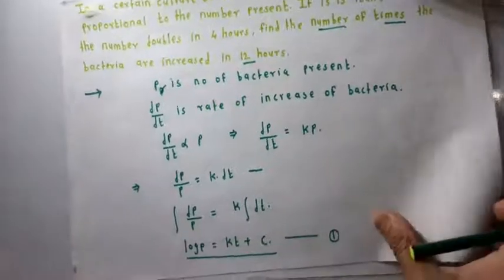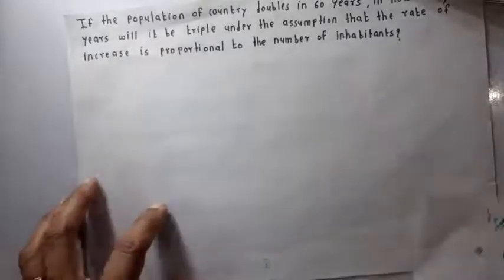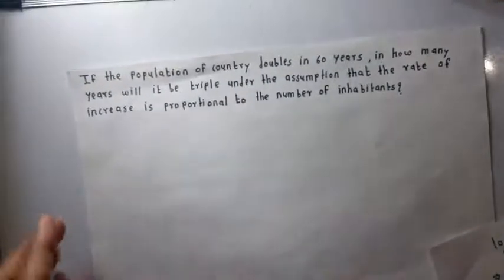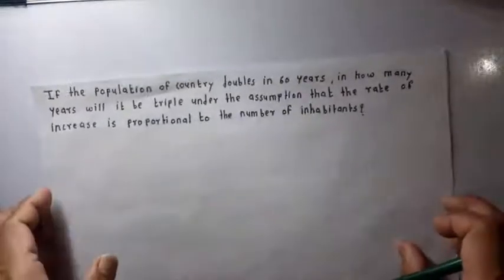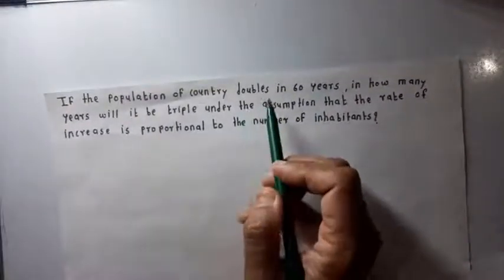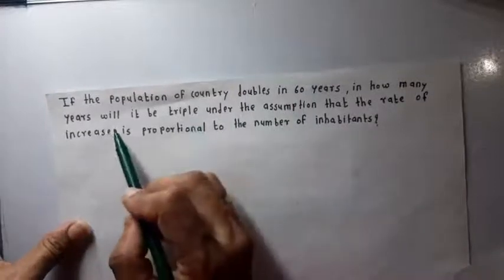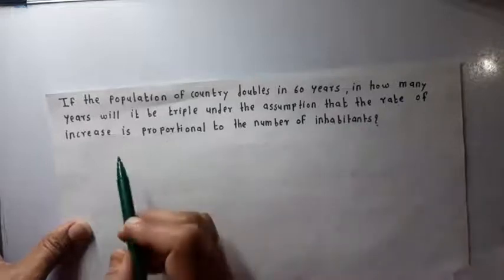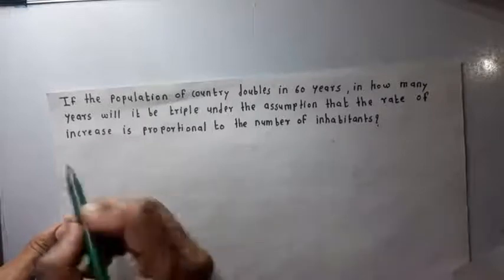Okay, the next problem, the second problem, is that if the population of a country doubles in 60 years, in how many years will it triple under the assumption that the rate of increase is proportional to the number of inhabitants?